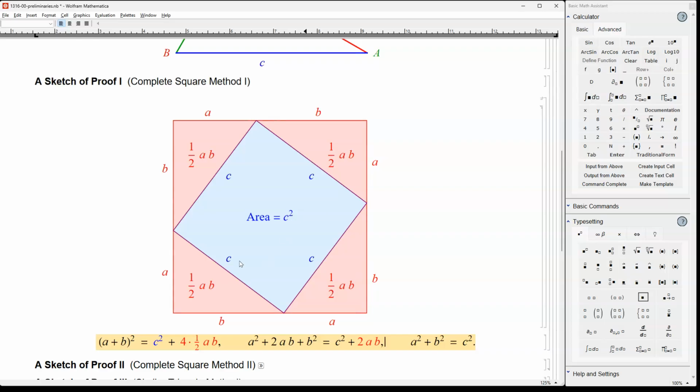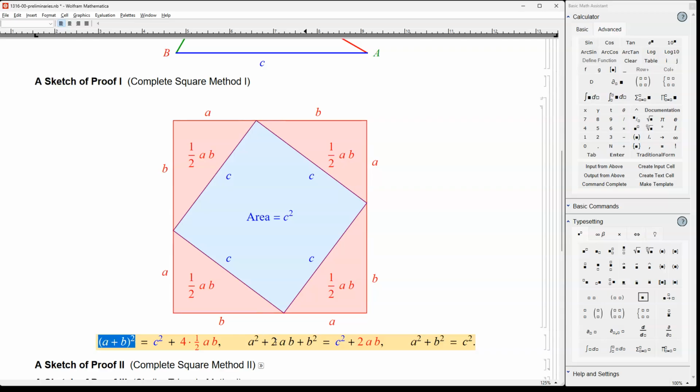That's the red part. And how about the blue part? That's c squared, hypotenuse squared. So the right-hand side turns out to be c squared plus 2ab, and the left-hand side is this complete square, a plus b, this total quantity squared.